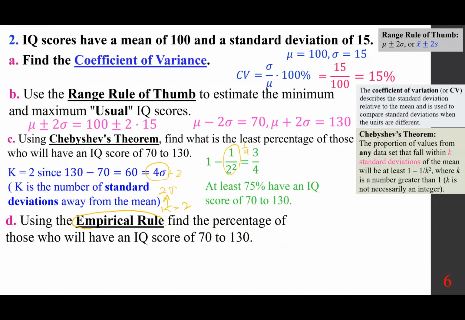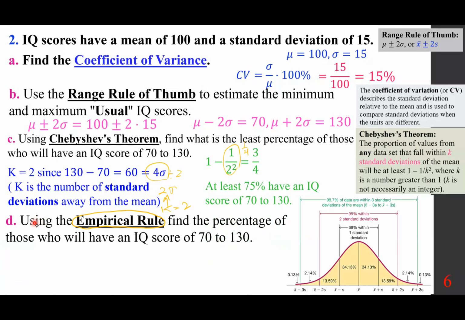What about the empirical rule? Remember, the empirical rule refers to the normal distribution and a bell shape. So if you start from the mean and go 1 standard deviation away, you cover about 68% of the data. If you go 2 standard deviations on both sides, it covers 95%, and that's normally good enough.